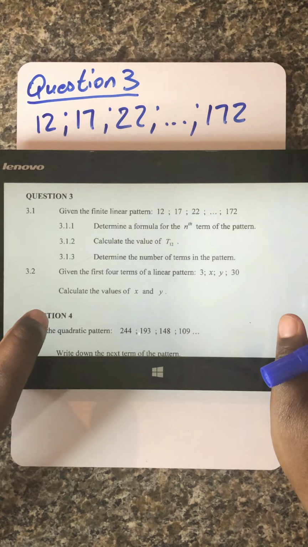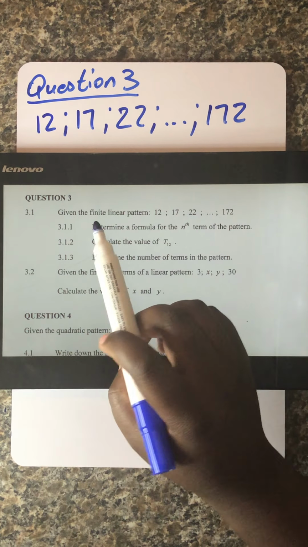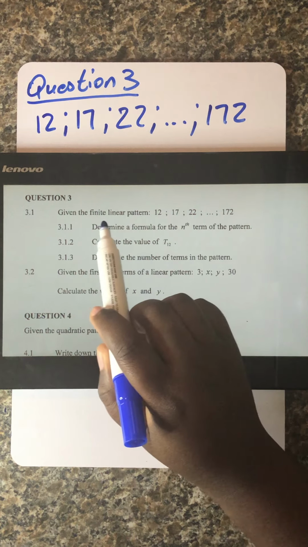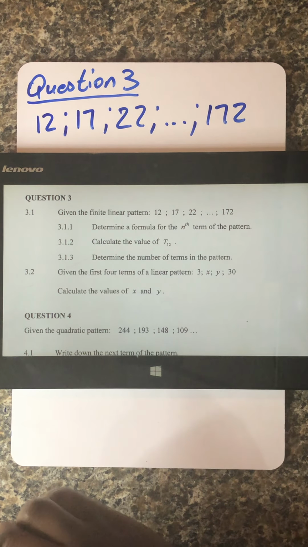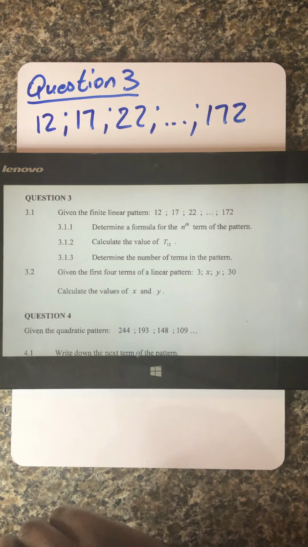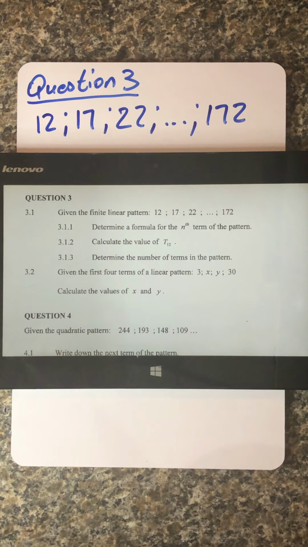Even though for this question they've mentioned the finite linear pattern, which is a good indication that it's not one of those complicated patterns. Remember, you can have a geometric sequence, a quadratic sequence, or an arithmetic sequence. This is most likely to be an arithmetic sequence.